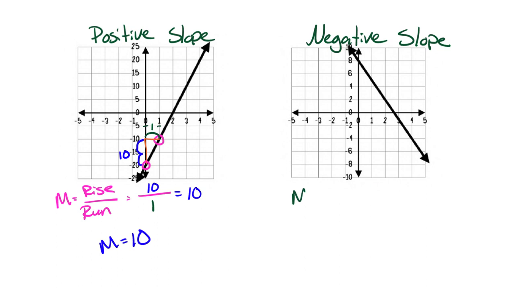So m equals rise over run. Find 2 points that cross. Right there, it crosses the y-axis, and crosses here, and it crosses there. Those are 3 points. I only need 2, but those are 3.